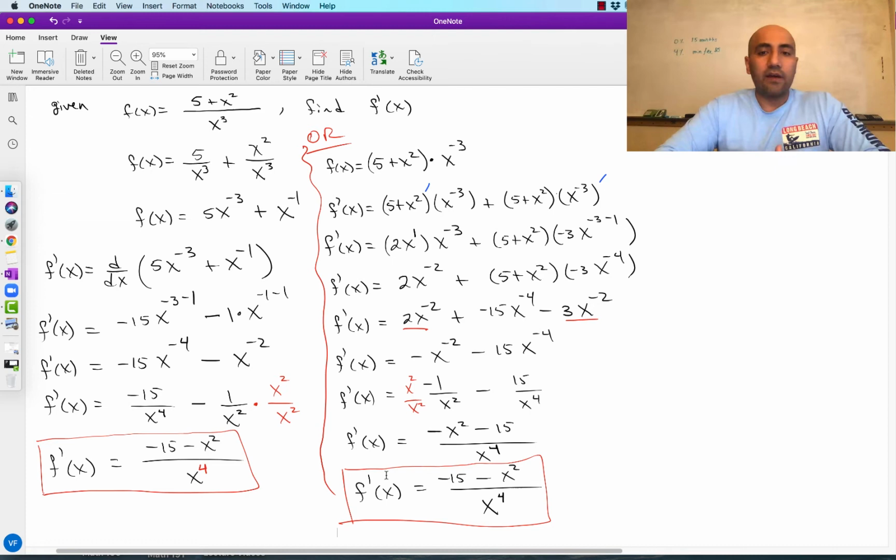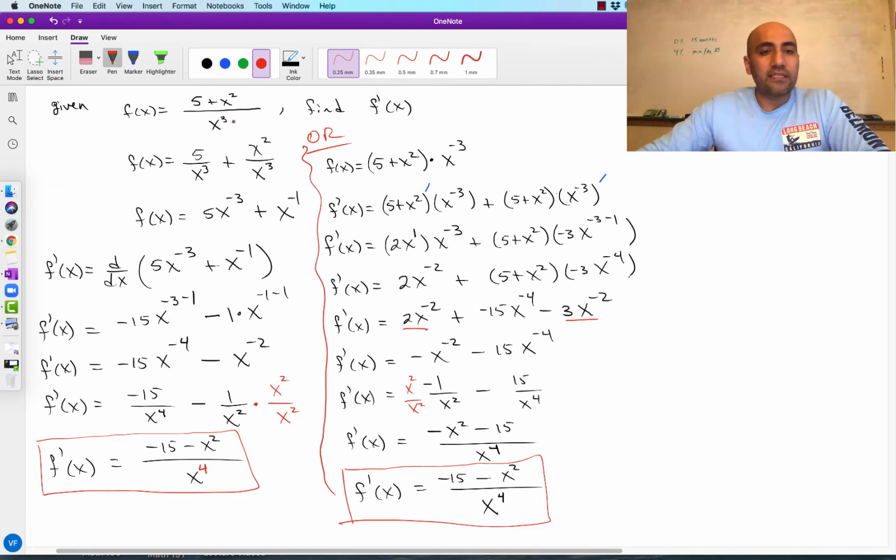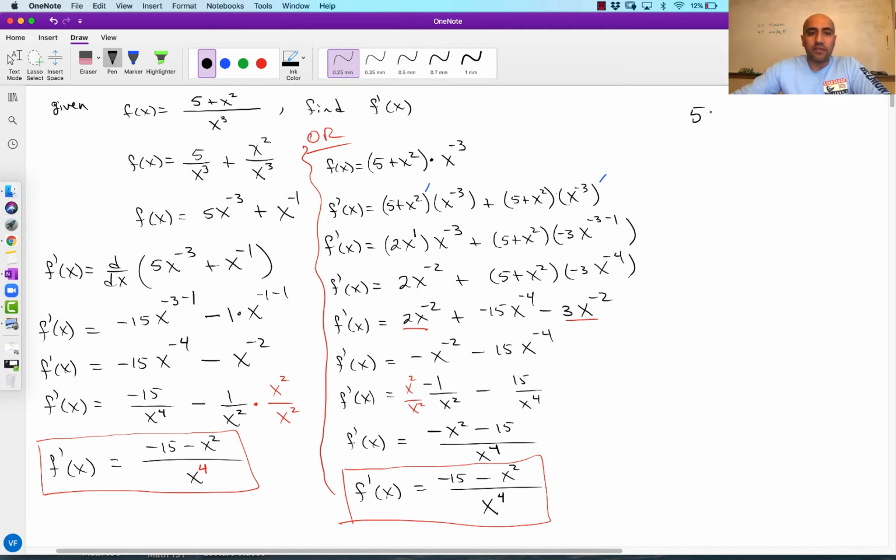But we want to develop a third way of finding the answer, because moving forward, we're going to run into cases where it's not so easy to simplify the fraction. We can't just get rid of the fraction in a very easy way. For example, what if the original one wasn't this one, but it was this? 5 plus x squared divided by x cubed plus 7.